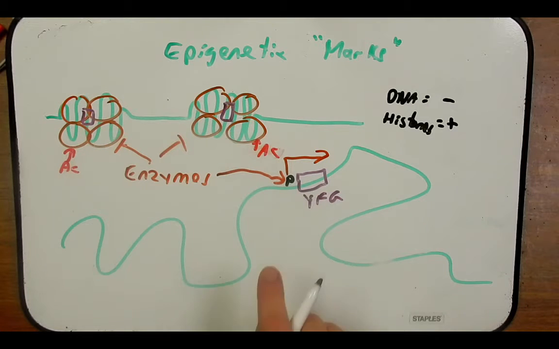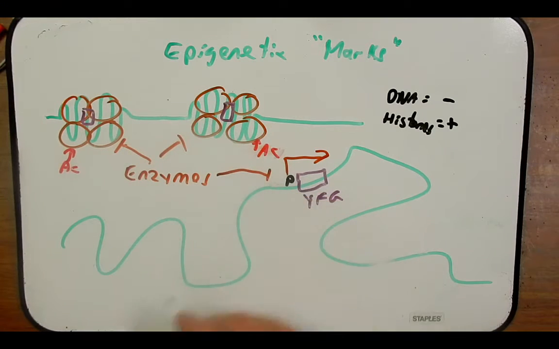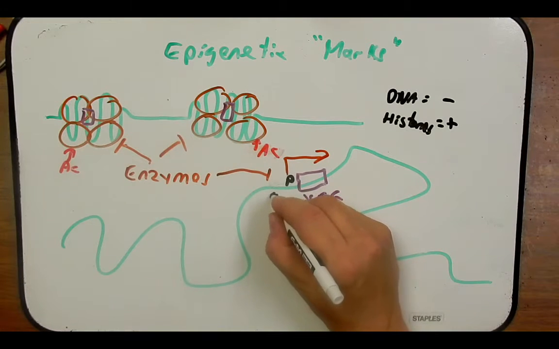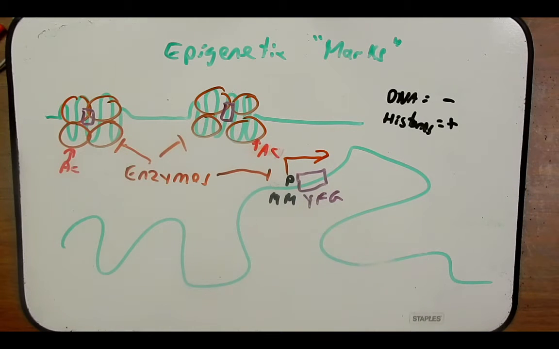What can happen is that the enzymes have access to this promoter because the histones have been removed, but because of methylation patterns on the promoter, it will prevent these enzymes necessary for transcription, and we'll talk about these enzymes next class, and so that will block transcription.